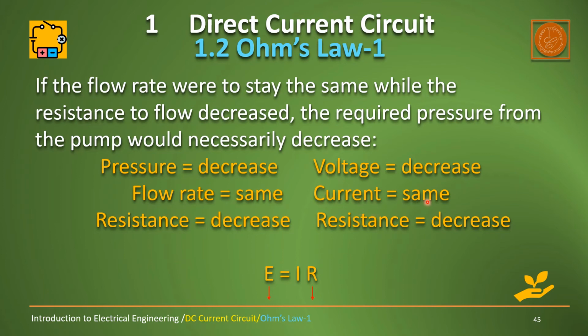When the current stays the same in the circuit and the resistance decreases, the voltage will decrease too. Looking at this formula, if the current stays the same and the resistance decreases, the voltage will decrease.